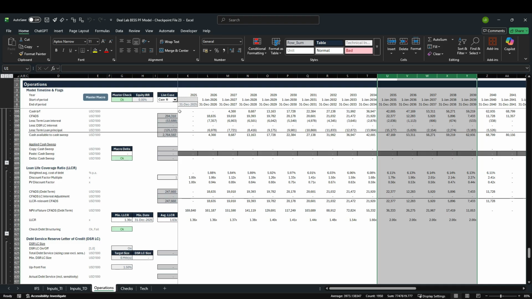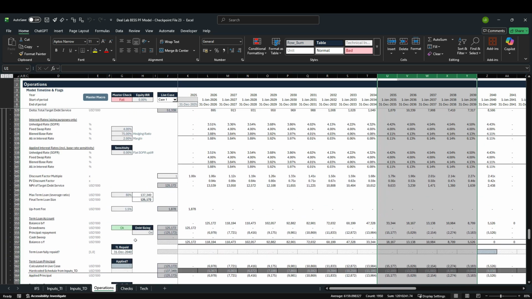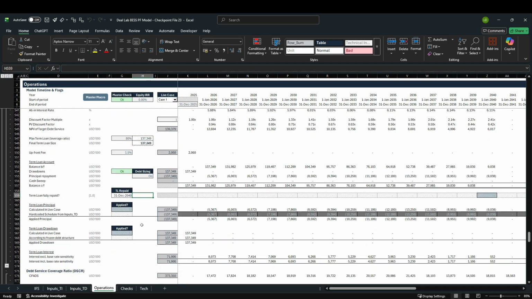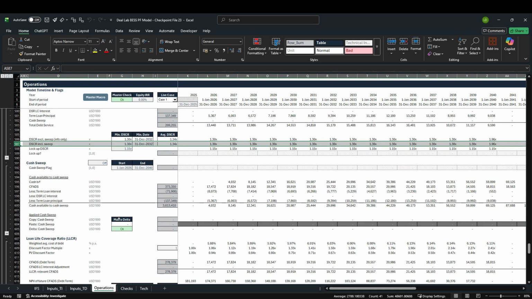To even further understand how DSCR and LLCR correlate, let's switch over to case 1, which is our full tolling case. And here we sized our debt based on a 1.3 coverage ratio. So let's execute our macro. Scroll back down and you can see that our DSCR is at a 1.3 flat.